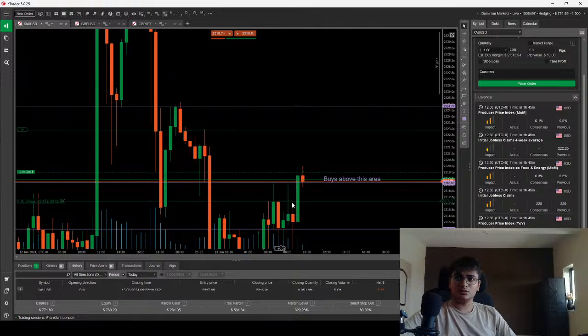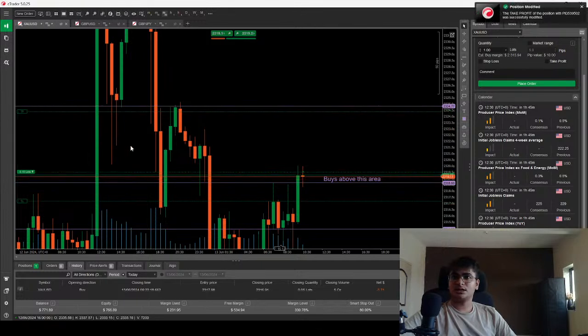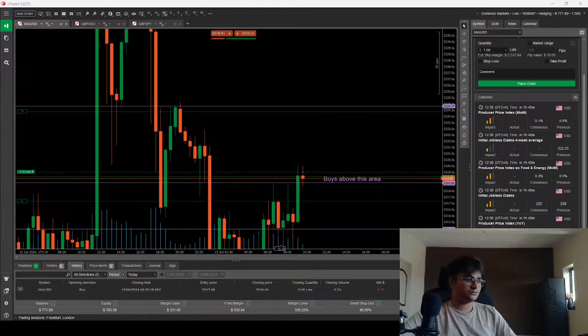So I think this is the better one. Exactly the previous candle, the 15-minute previous candle, and our target will be around this high. Yeah, wow. Look at this.